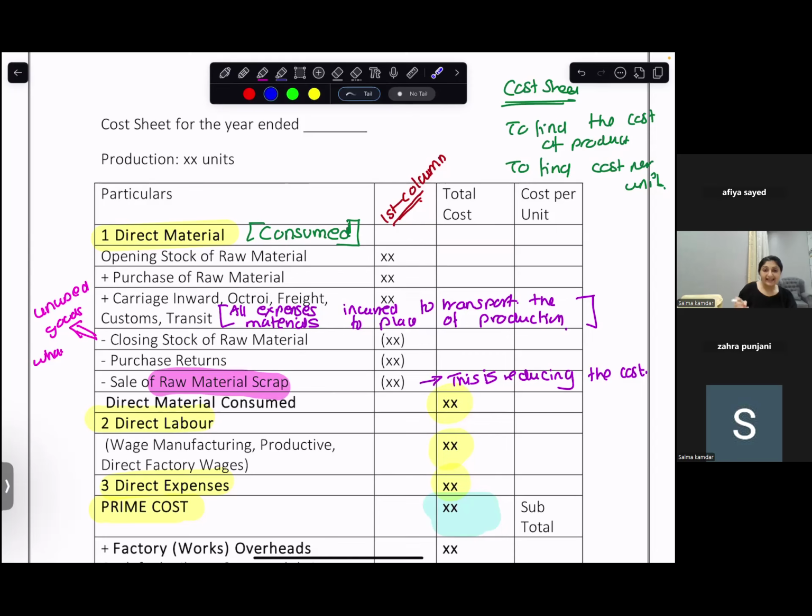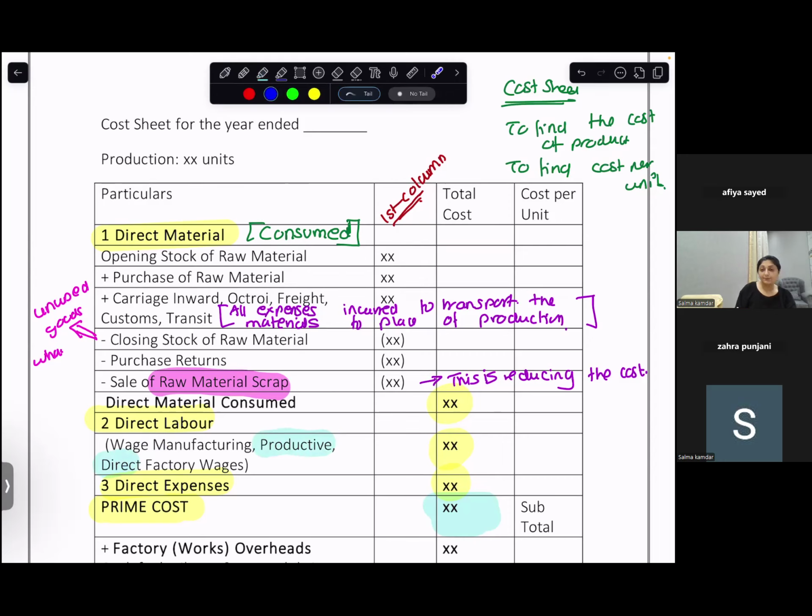When I talk about direct labor, how do I identify that the labor is direct or indirect? You would say it is productive. It is direct. The word wages or factory would come in. If you had indirect factory wages, where will you write? The indirect expense.